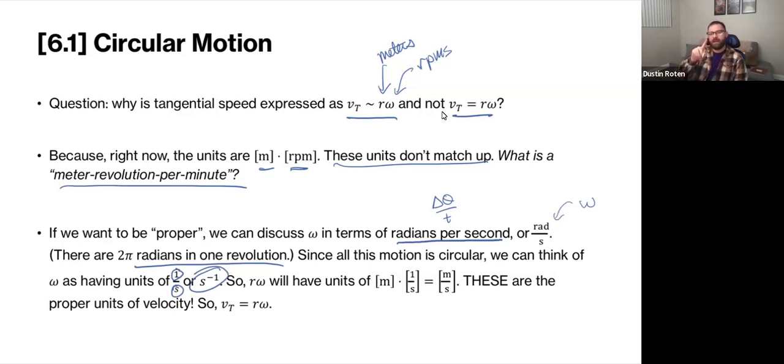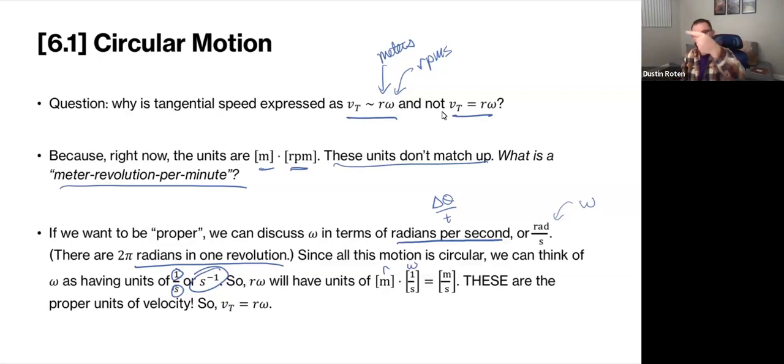So if we decide to really run with this and try to be proper, then we'd have our radius, still measured in meters, times our fancy units, inverse seconds, or just 1 over seconds, because we're talking about revolutions in radians per second. Now look at what happens. We can multiply these two things.